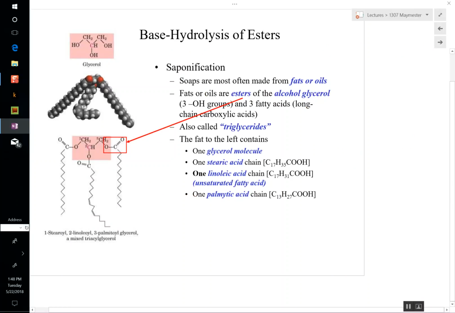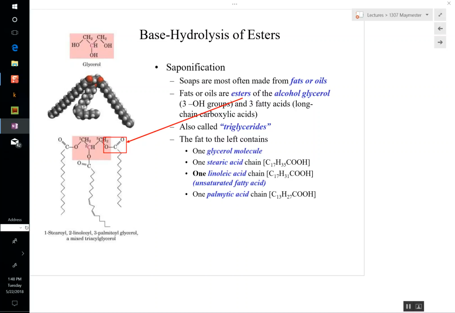All right, now here is an ester. It's a little bit more complicated ester. It's a triglyceride, but you can see there's an ester link, a fatty acid linked to this backbone here by an ester linkage. An ester to another fatty acid, an ester link to another fatty acid.